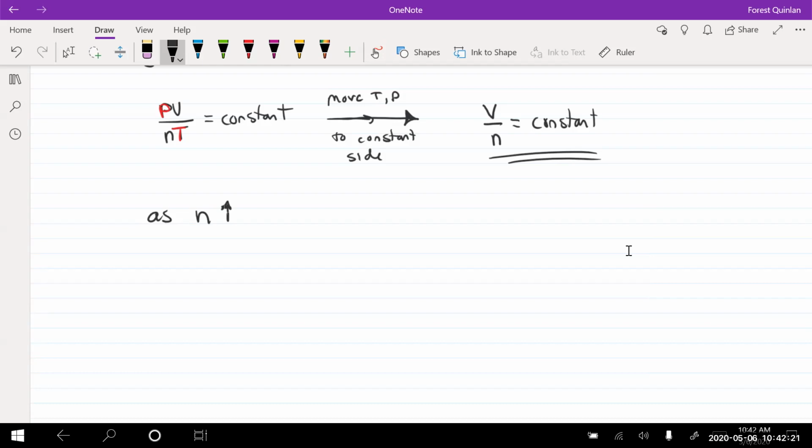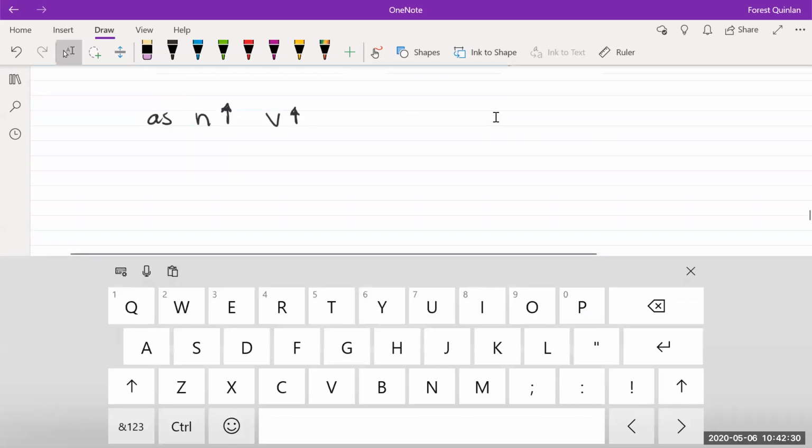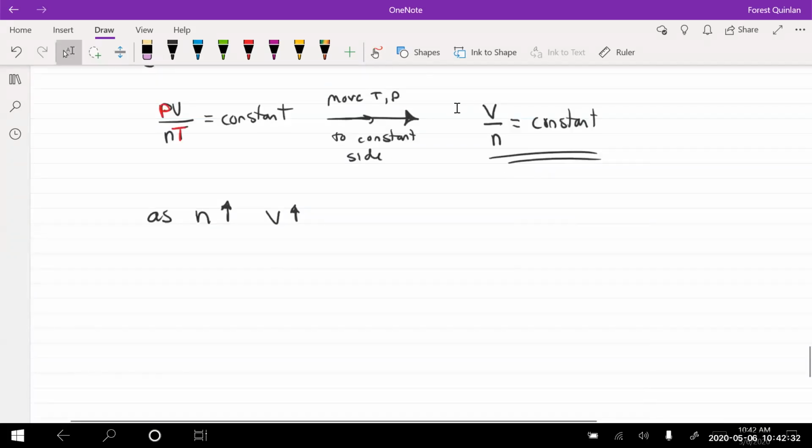Yeah, you put more stuff in it, it better get bigger. So as the number of moles increases, the volume has to increase as well. And actually the math over here in that V over n equals a constant, if that volume gets bigger, then n has to get bigger to maintain this number. But you know what? We don't have to actually use the math to do that. We can just do intuitive. So as the moles go bigger, the volume is bigger.